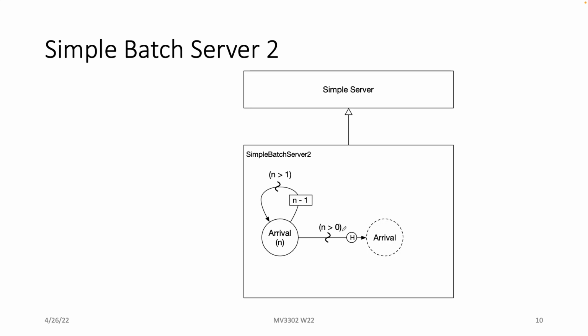It's going to schedule the arrival, but because we're not doing anything more with the arrival here, and the arrival is in the simple server, this is where the dash thing comes in. In other words, we're scheduling the arrival, but we're not doing anything with it. Okay, we're going to do that only if n is bigger than 0. So that's how we're going to model that.